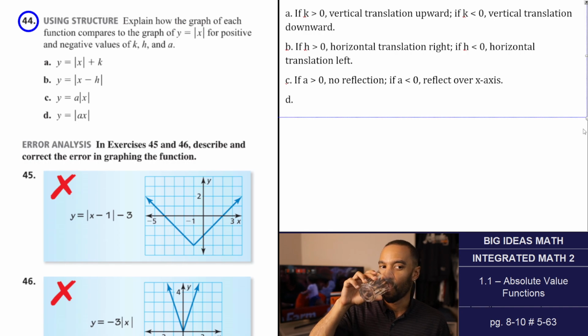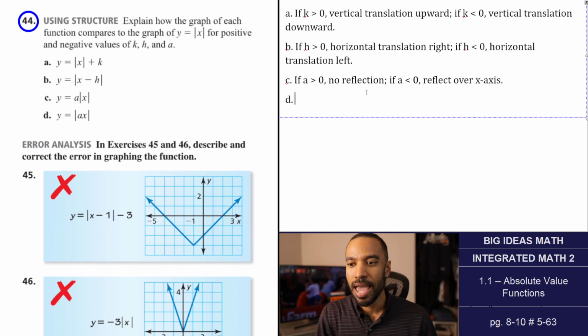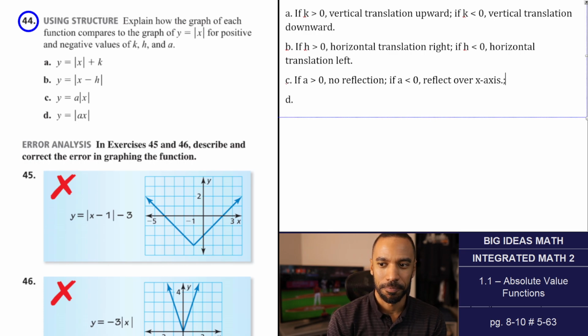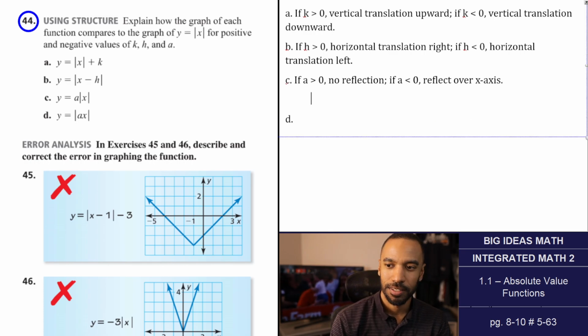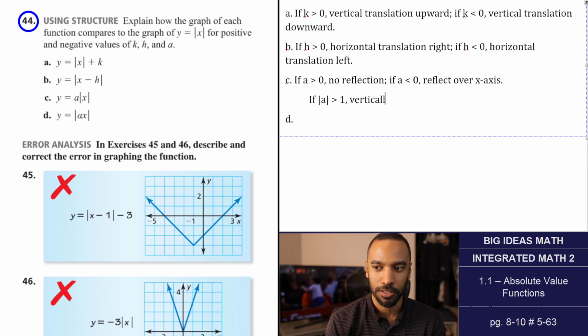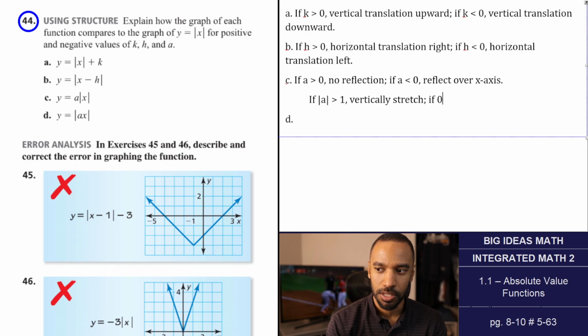Oh, hold on. Let's go back to C. A was not part of the parent function, so I do need to mention that part. If absolute value of A is greater than 1, vertically stretch. If absolute value of A is between 0 and 1, vertically compress.